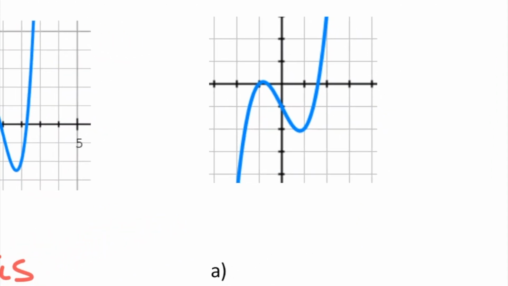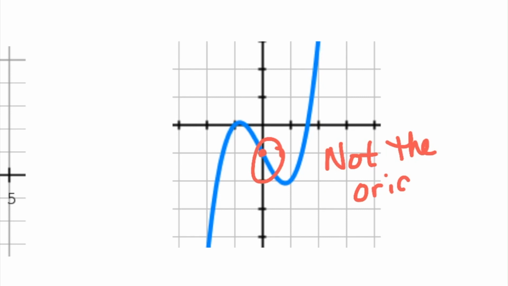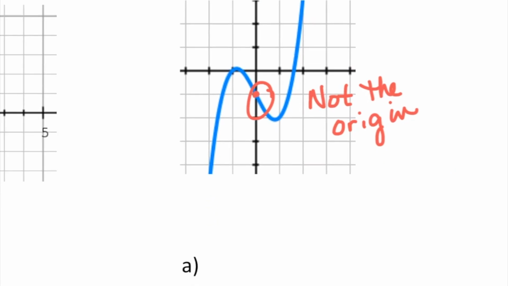And then in this last one, the first thing I see is that I want it to have point symmetry about this point right here. But that's not the origin. That point is not the origin. So even though it probably has point symmetry, I would need to look at it a little bit more closely. It probably has point symmetry of 180 degrees about that point that I circled.